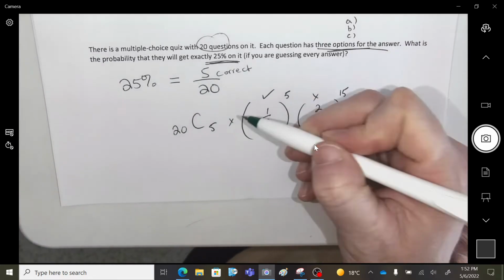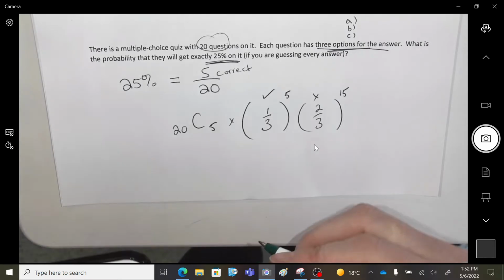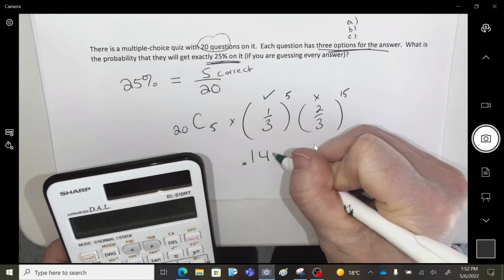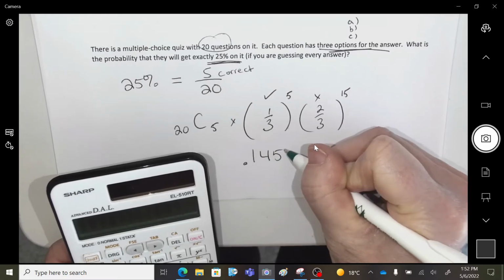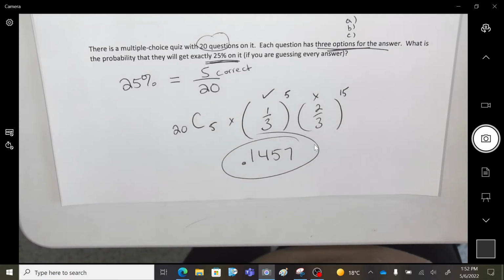So you have to push the times button between? Okay. There's about a 14.5% chance that that's going to happen to you.